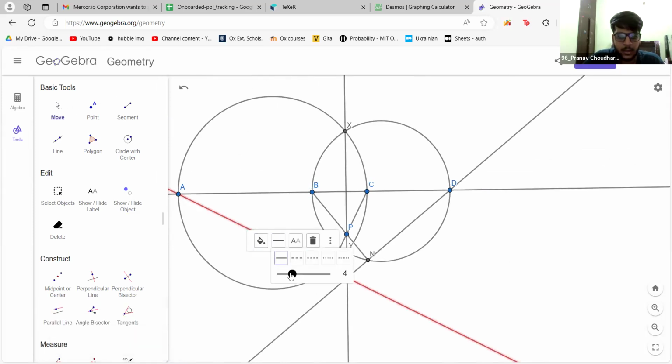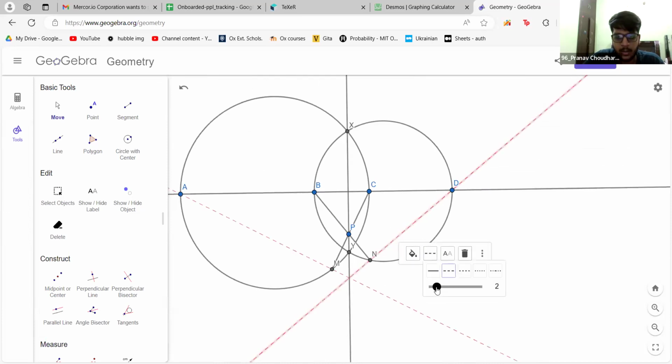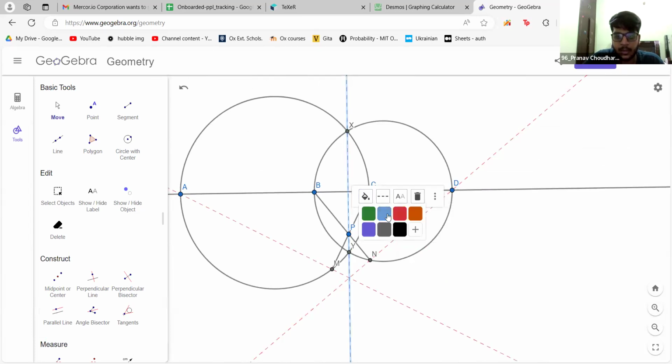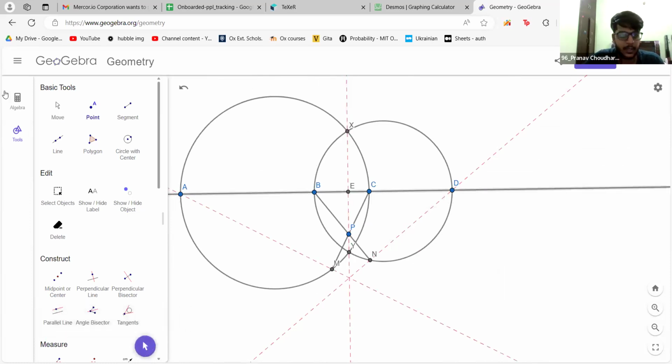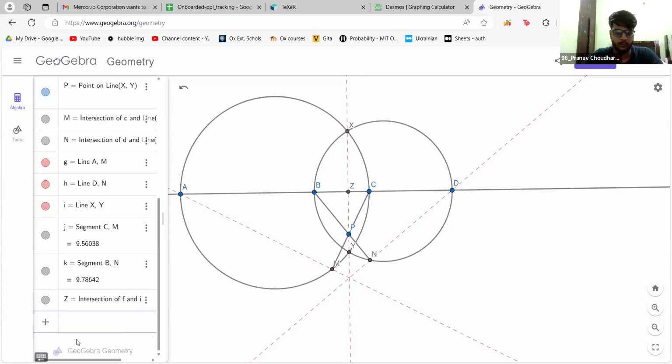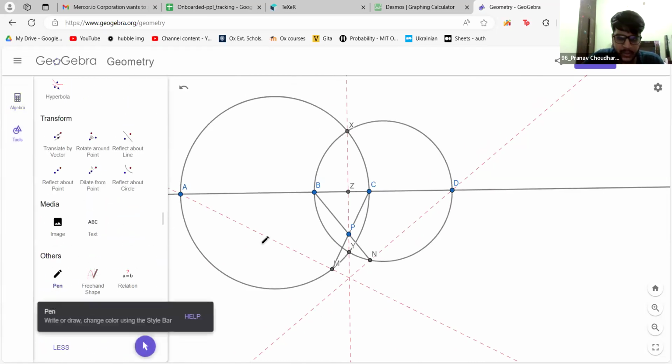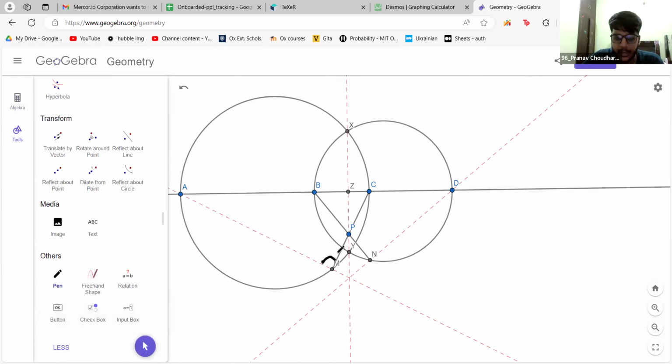You need to prove these three things are concurrent. So what we said was, if this point is Z, notice that this angle is 90, right? Angle CMA, because CA is diameter.